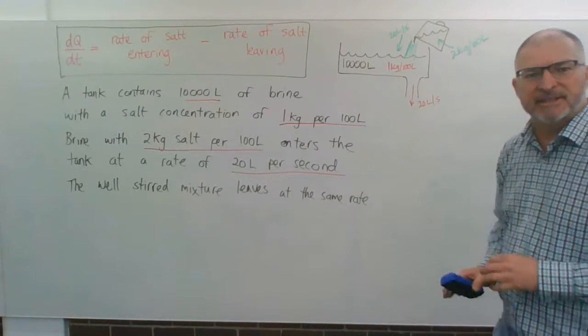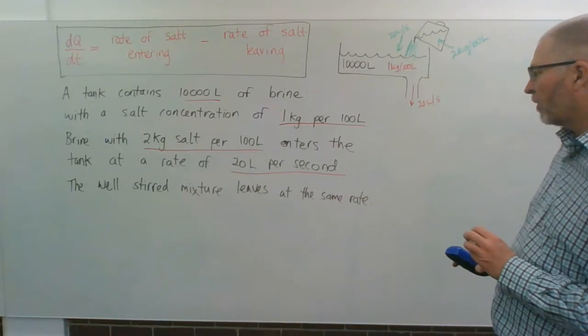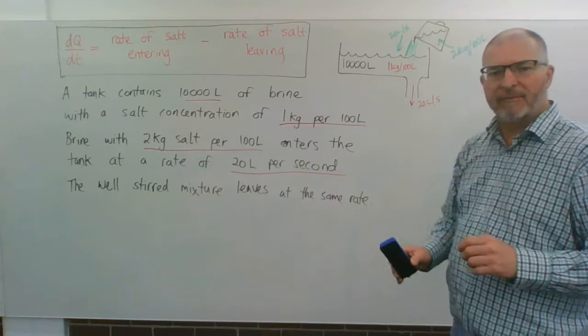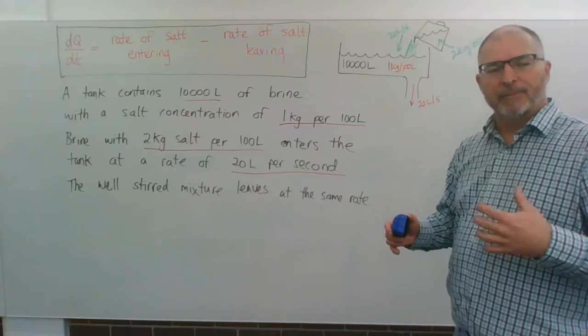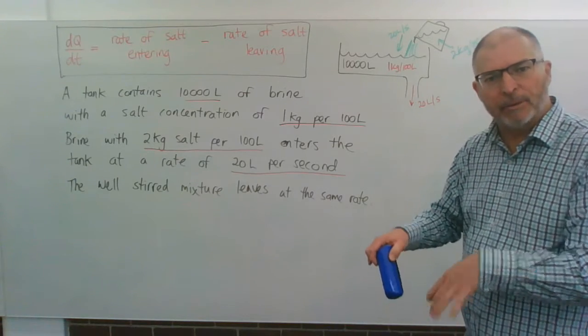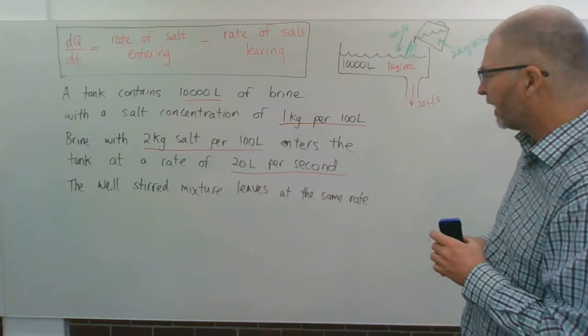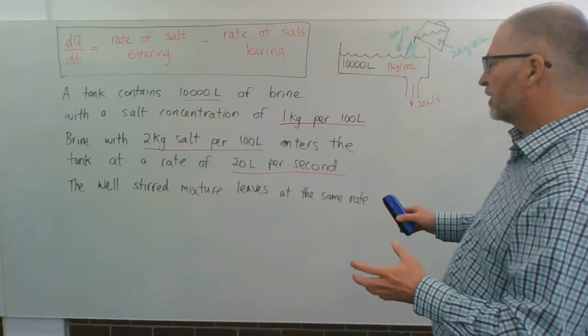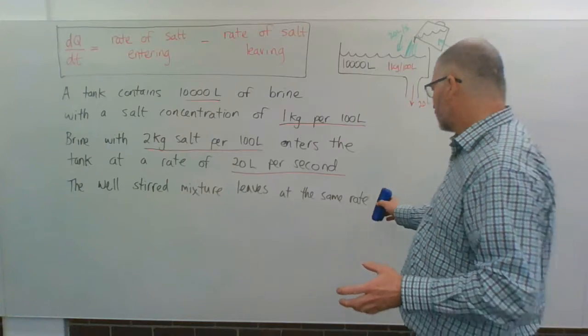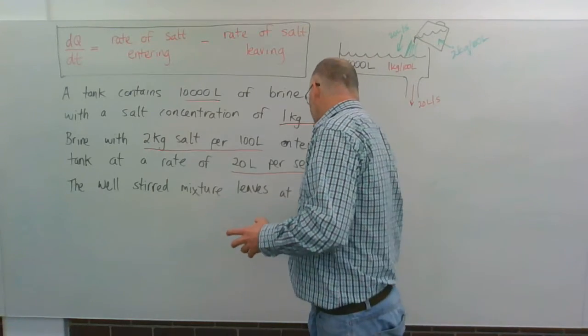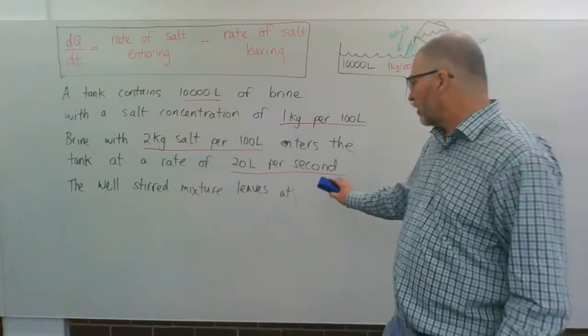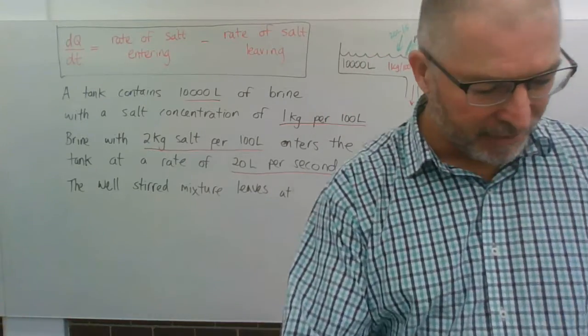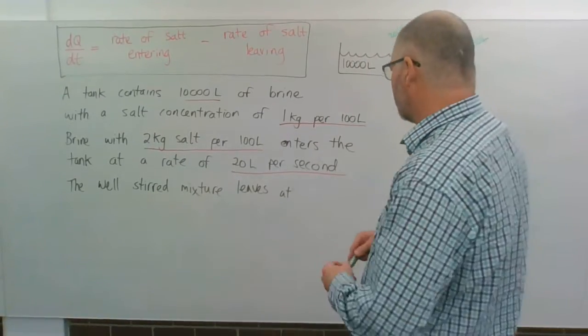So we're going to start with this same question that we had before, but instead of having the amount of liquid coming in being the same as the amount of liquid going out, let's change it so the well-stirred mixture leaves at a different rate.